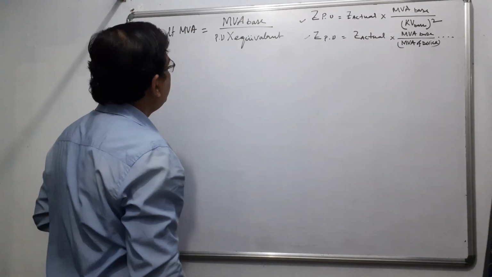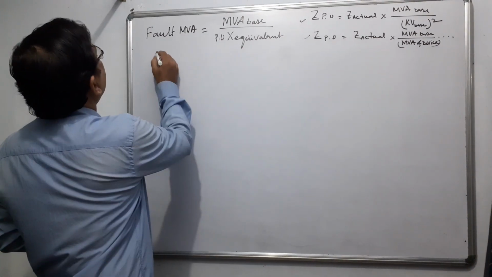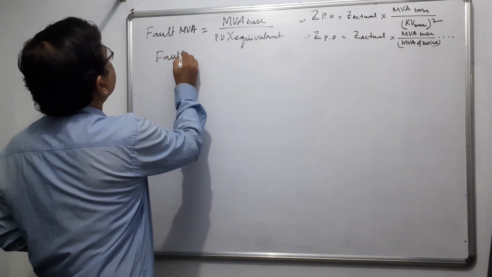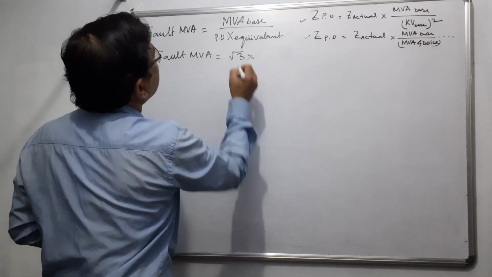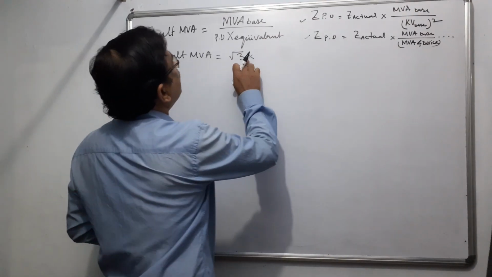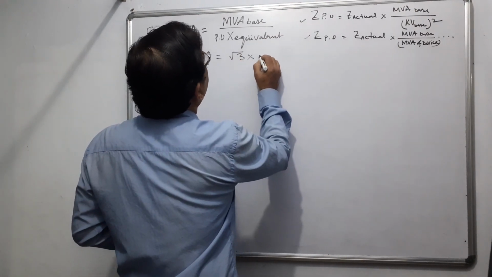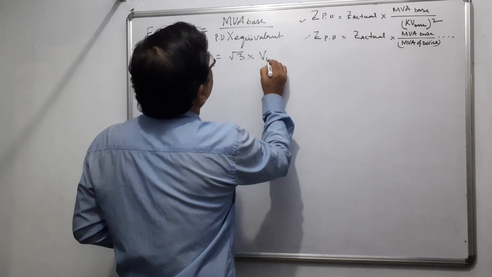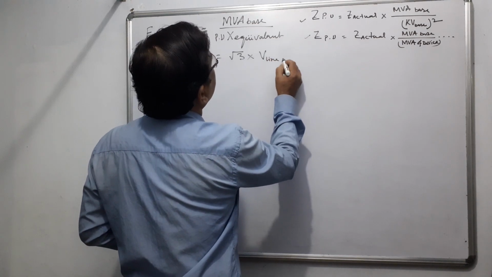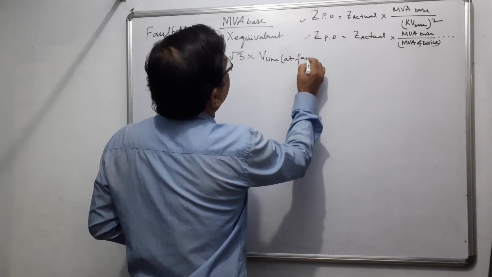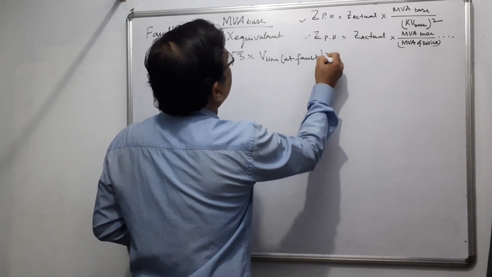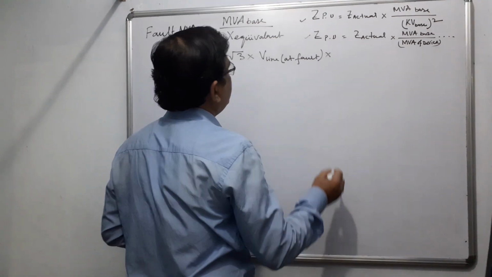Also we know that fault MVA is equal to √3 multiplied by V, the line voltage at fault point, multiplied by fault current.